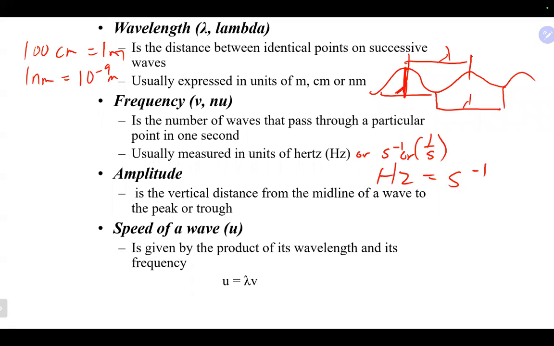We can calculate the speed of a wave by taking the wavelength times the frequency, and that usually gives us the speed of the wave in meters per second, as wavelength is usually in units of meters and frequency is 1 over seconds. So the speed of a wave is commonly given in meters per second. Any questions on any of those things?